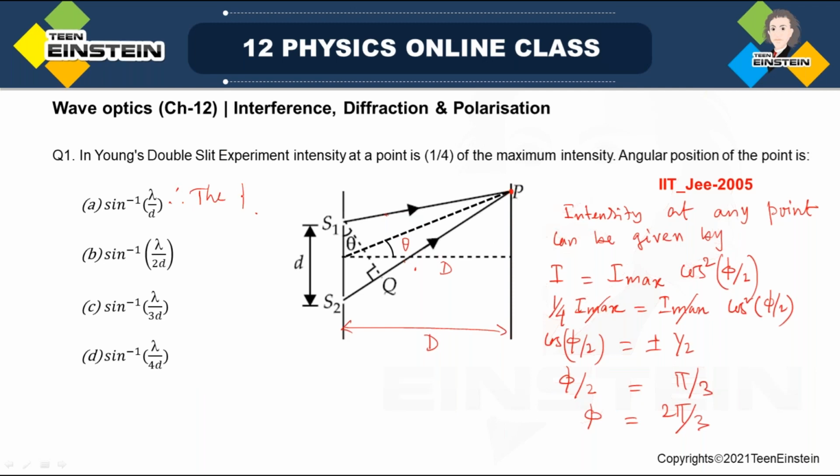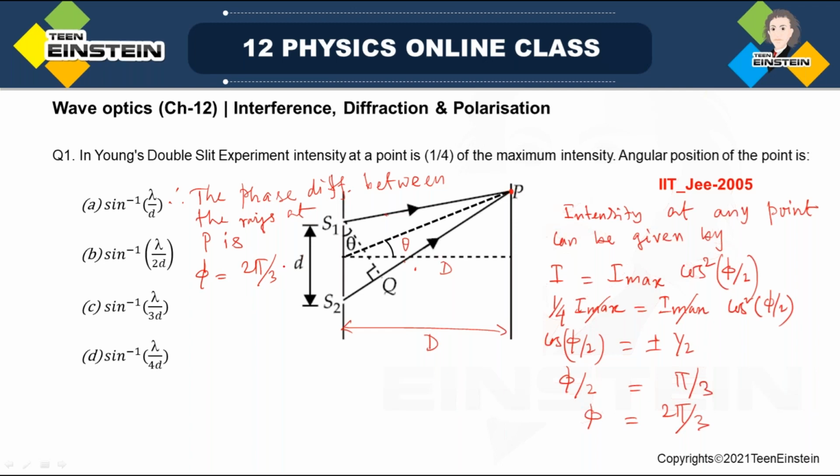Therefore, the phase difference between the interfering rays at P is phi equal to 2 pi by 3.